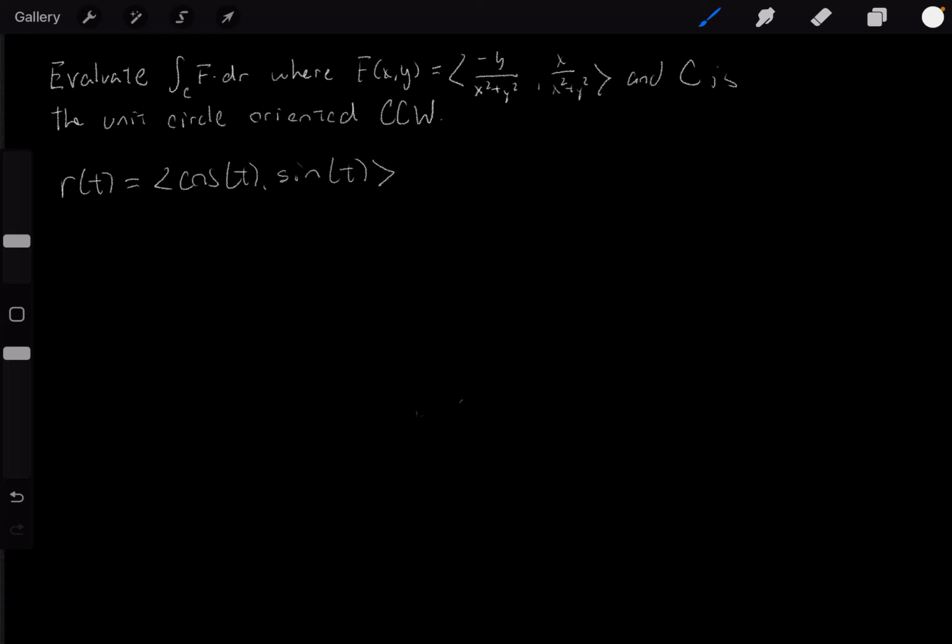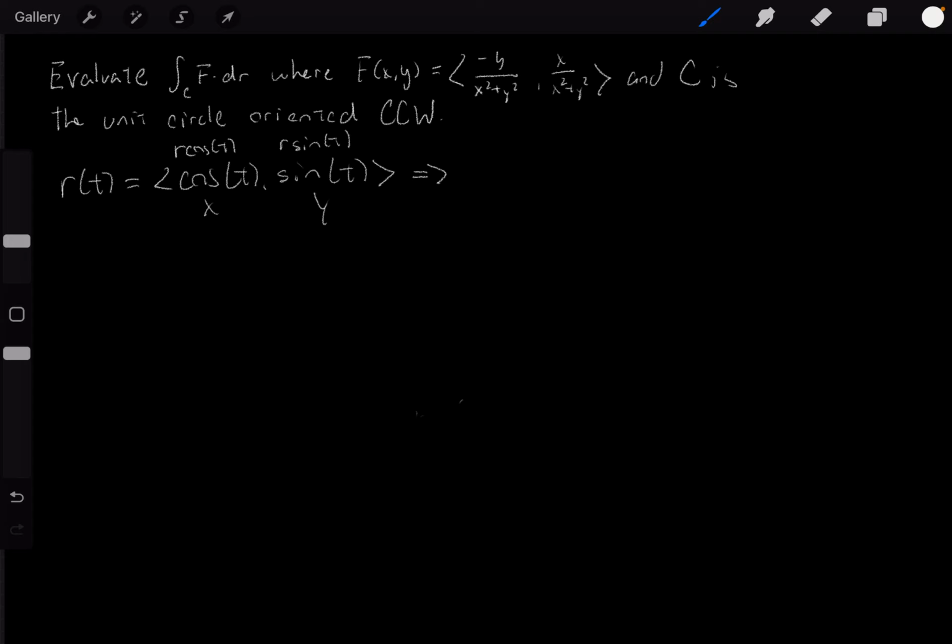We can recognize that cosine of t is x and sine of t is y. Technically the full form is r cosine of t and r sine of t. So where did the r go? Well, we can recognize that r equals 1, but why is that? I'll get to that in a moment.